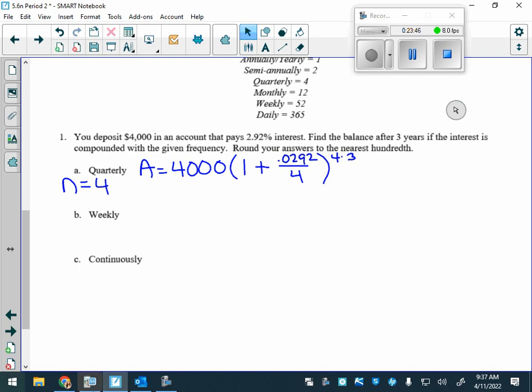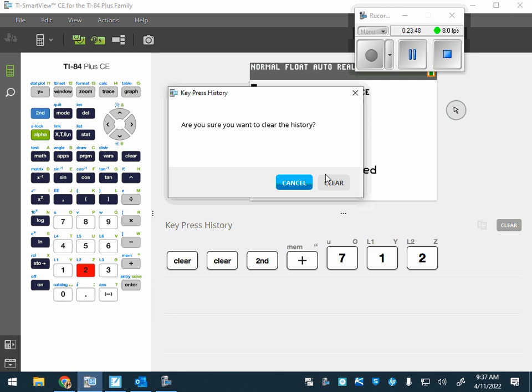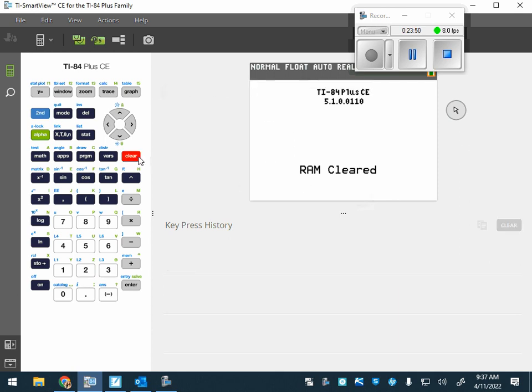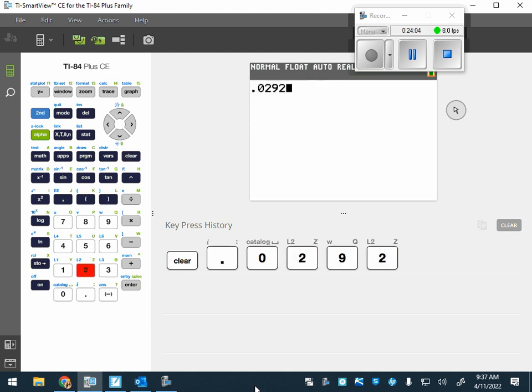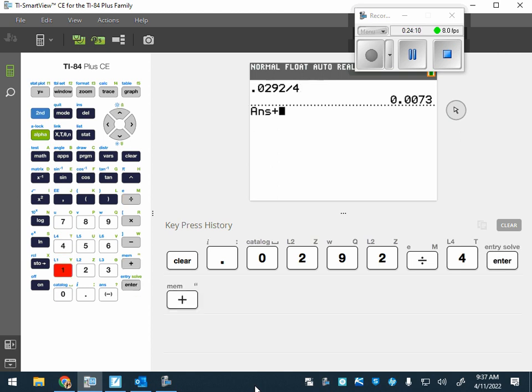All right, so in your calculators, just be careful how you enter. What I typically do: 0.0292, divide by 4, because it's quarterly, then plus 1.